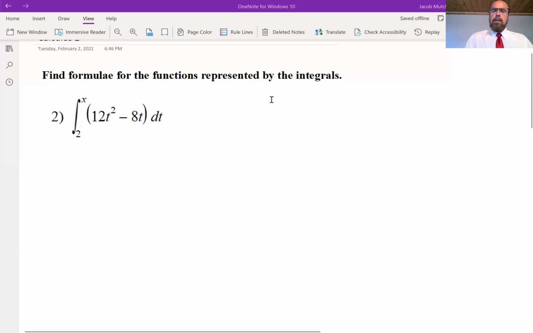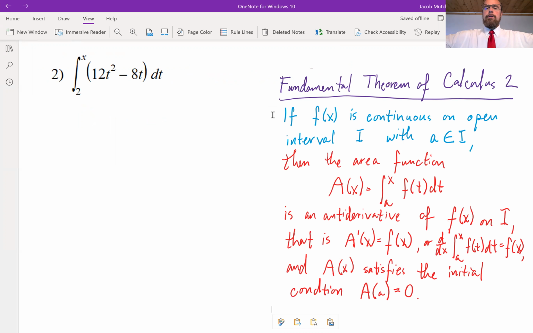Well, we want to apply the fundamental theorem of calculus 2 to evaluate this, so we should see what the fundamental theorem of calculus 2 says. So here's a version of it. If f of x is continuous on the open interval I with a an element of I, so just to mark what pieces we're really referring to, the f of x is my 12t squared minus 8t.